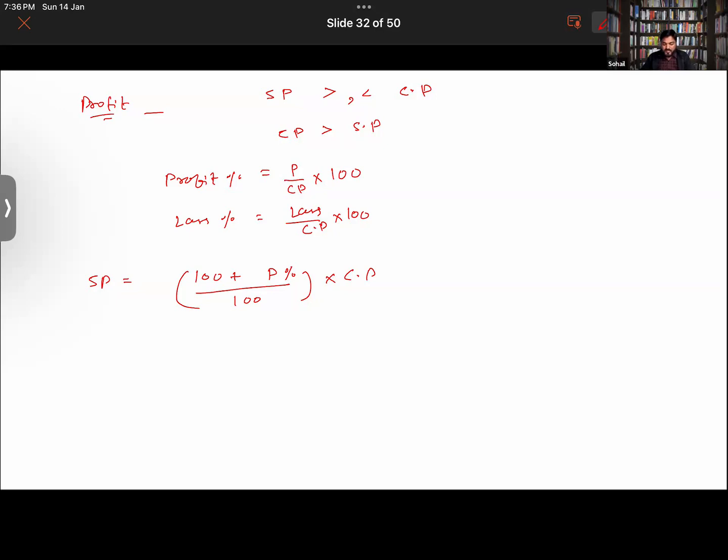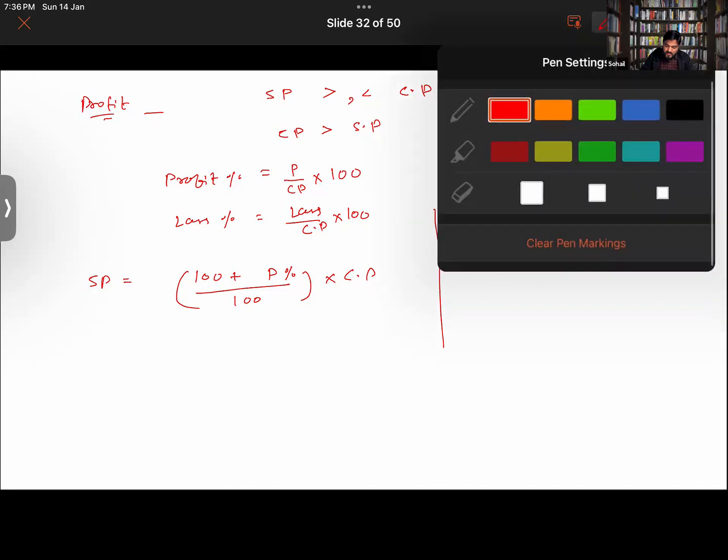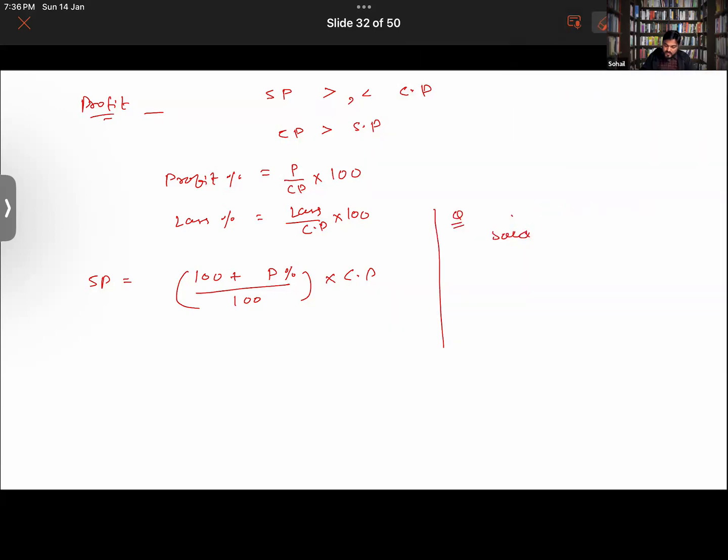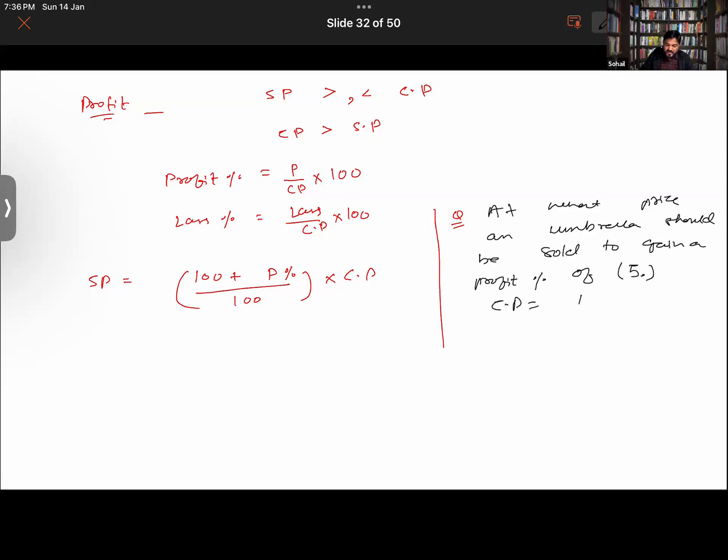Okay, good. So take a question, for example. If the question is that an umbrella is sold, at what price should an umbrella be sold to gain a profit percent of 5, meaning 5% is the profit, and the cost price is 150.